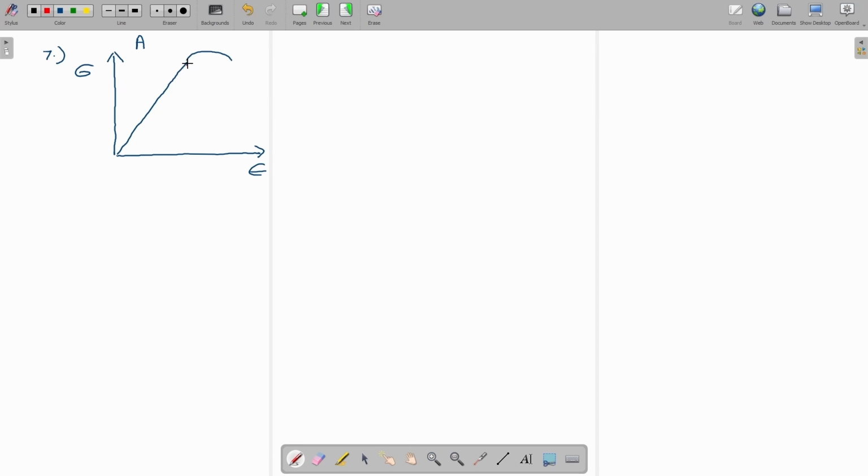Okay. Now it is clear. From here to here it is the elastic range. Okay. This is the elastic range. And from here to here it is the plastic range.